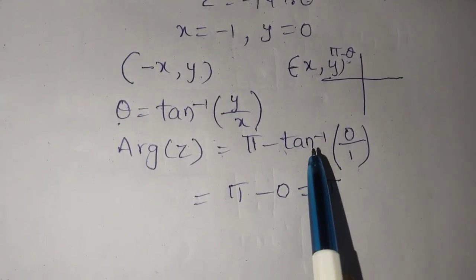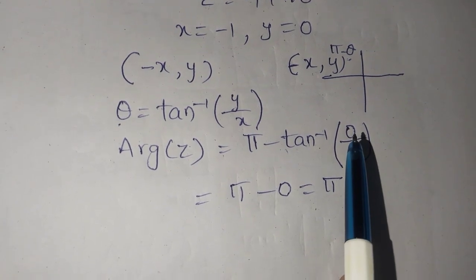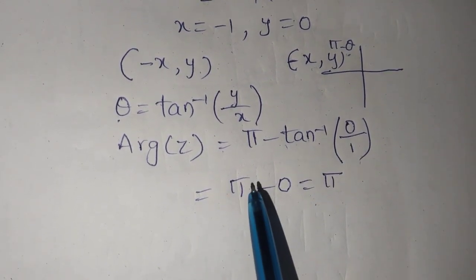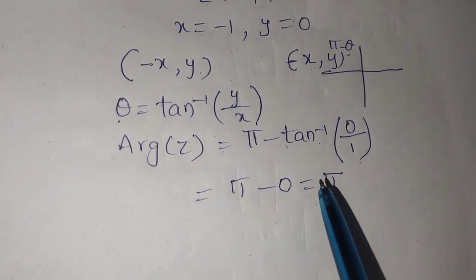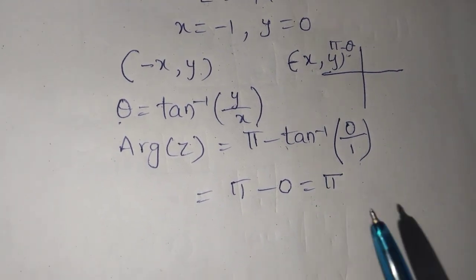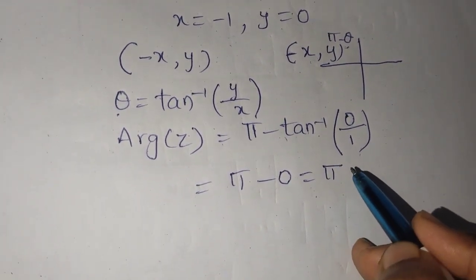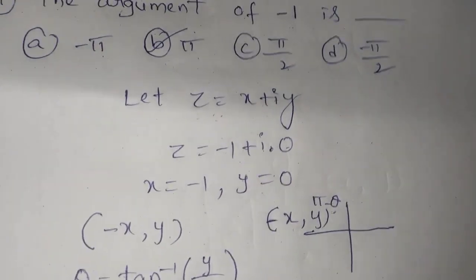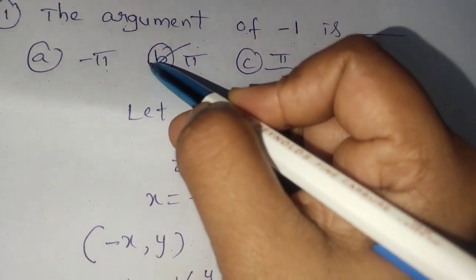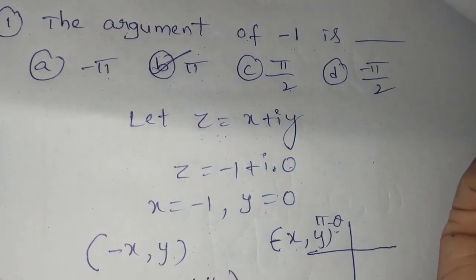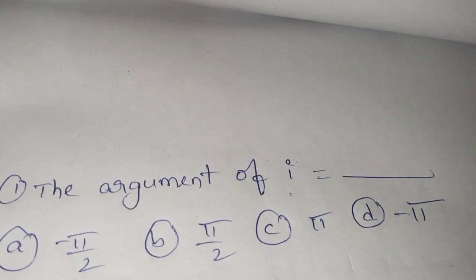So where do we get 0? At 0 radians. So I will write pi minus 0. It is pi. So the argument of minus 1 is pi. So option B is the answer.